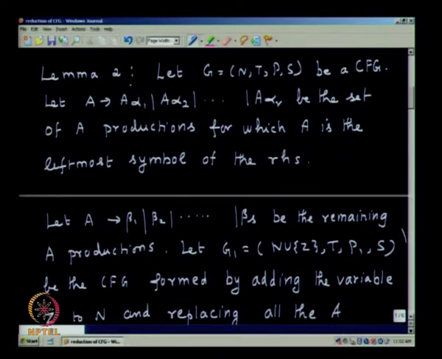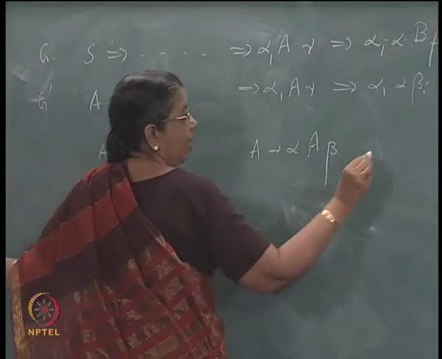Such rules are called left recursive rules. A rule of the form A goes to alpha A beta is called a recursive rule.